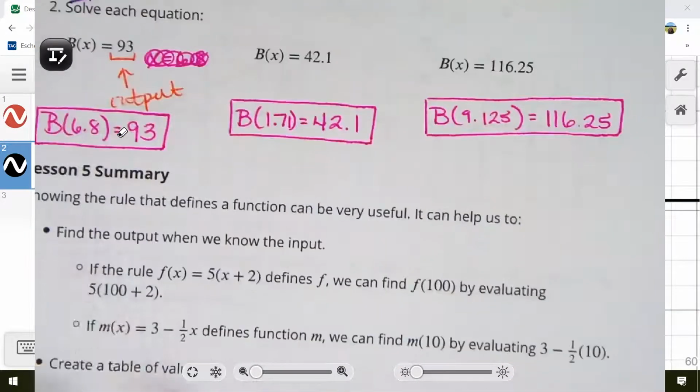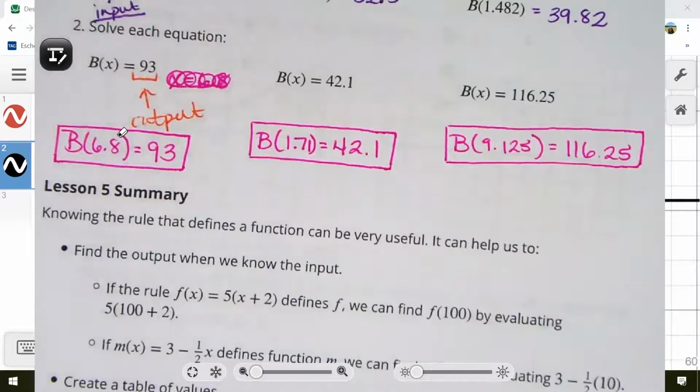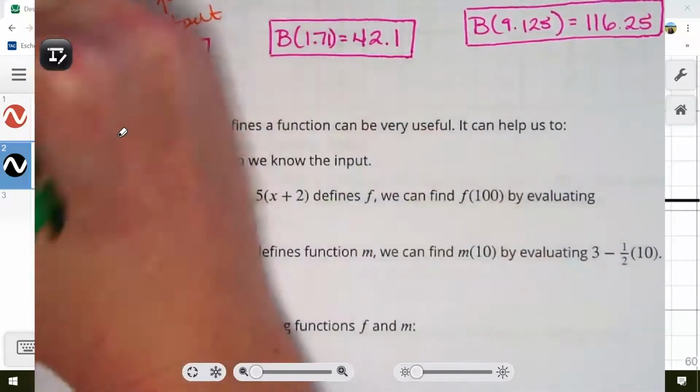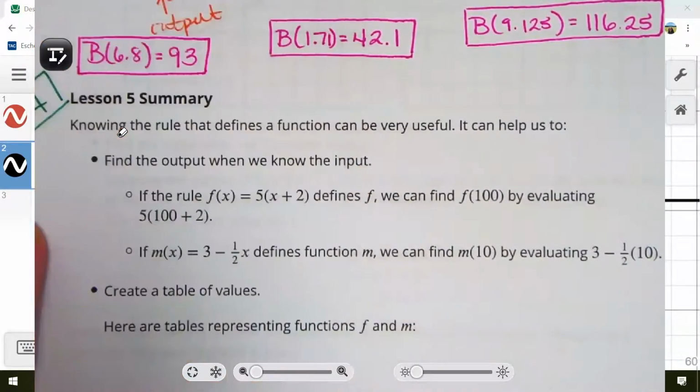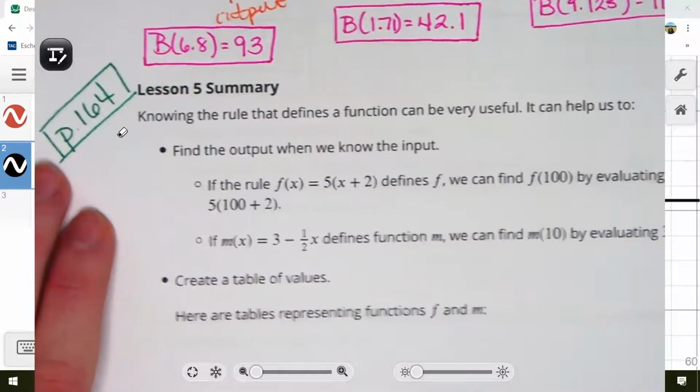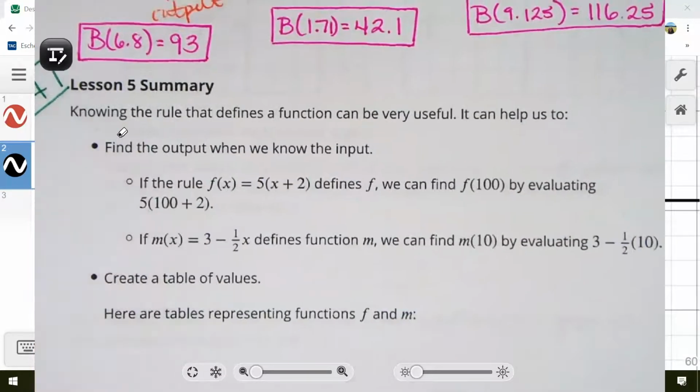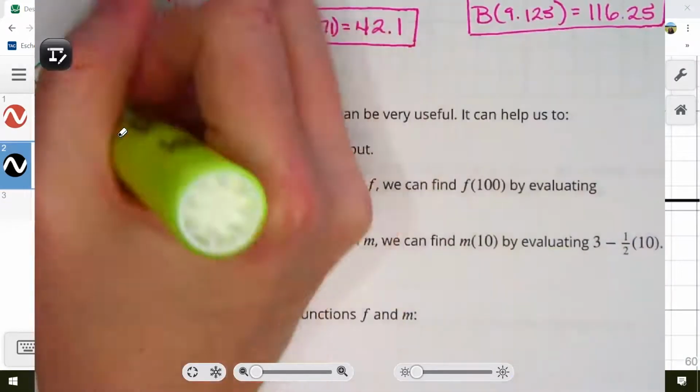All right, that brings us to the lesson summary, which is on page 164. All right. Knowing the rule that defines a function can be very useful.